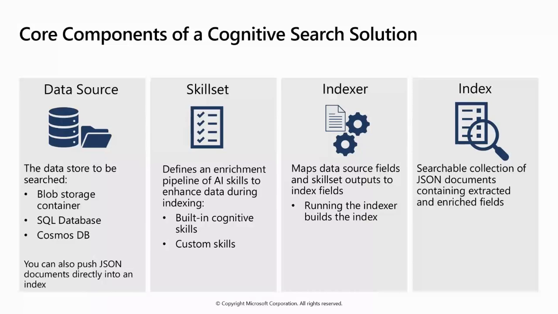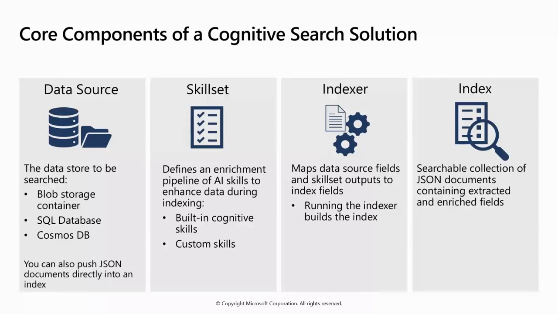So the specific location, the people, the organizations or landmarks mentioned in the content. And we have the AI generated description of images or image text extracted by optical character recognition. And we have the custom skills that you develop to meet specific requirements.